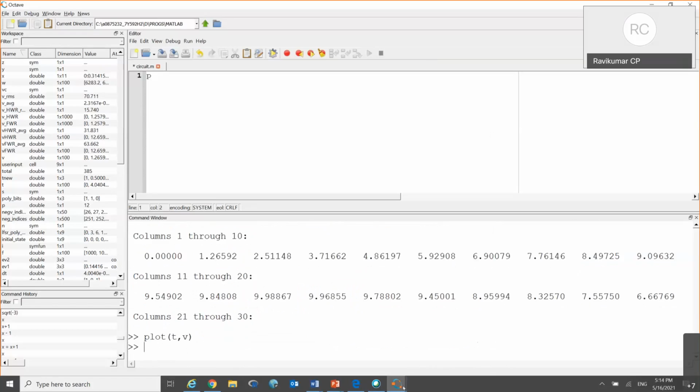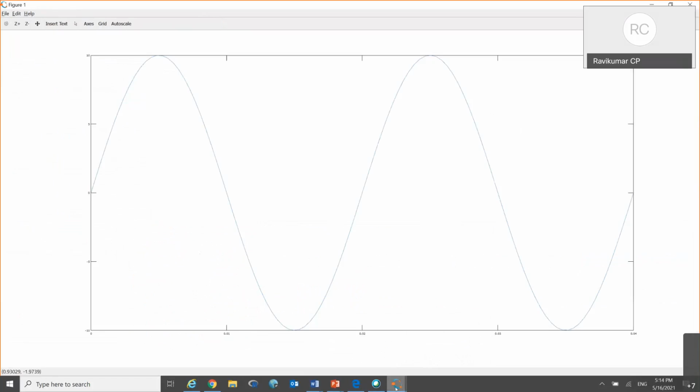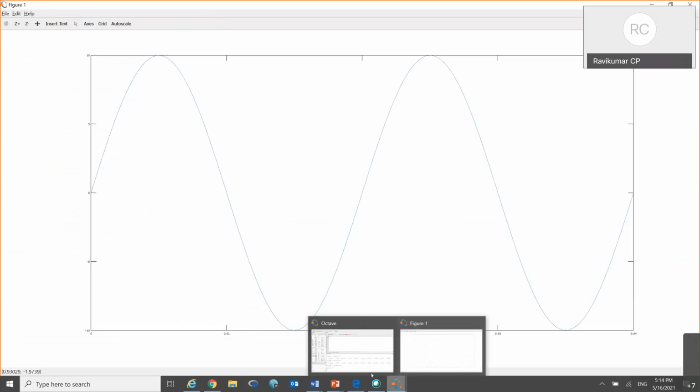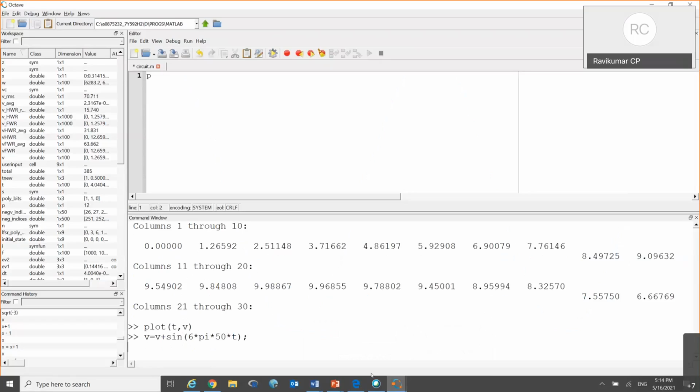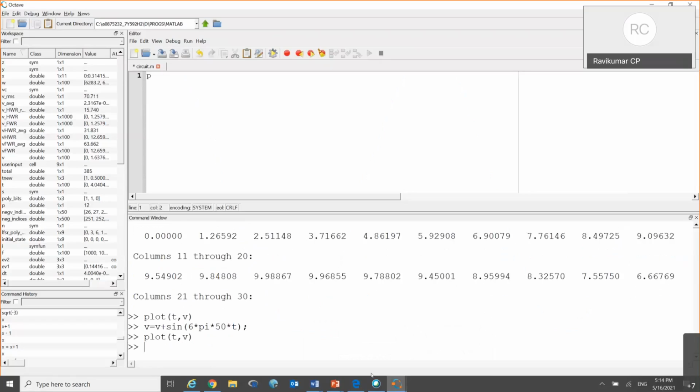So this is an ordinary sinusoidal waveform. Now to this I'm going to add sine of 6 pi by 50 t. Now let us say plot t.